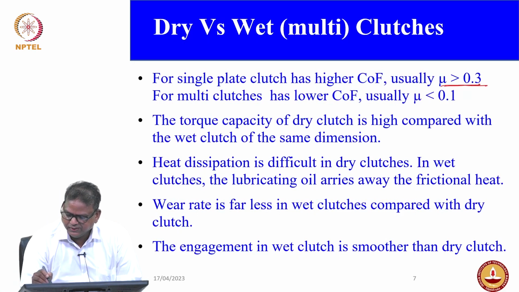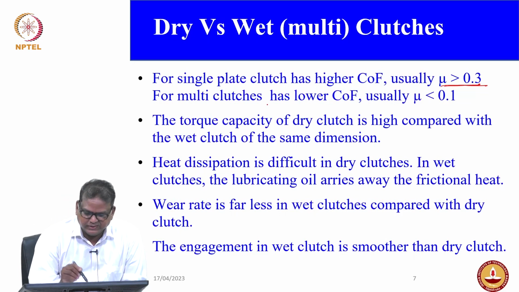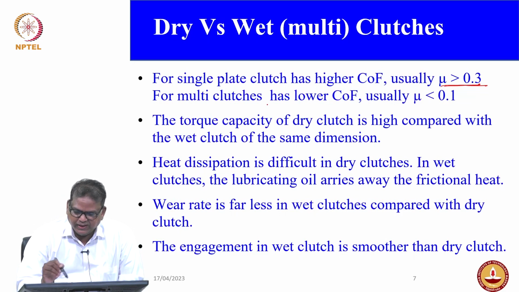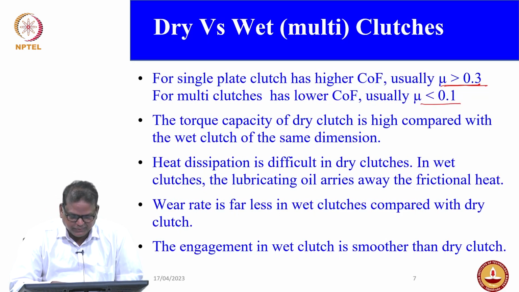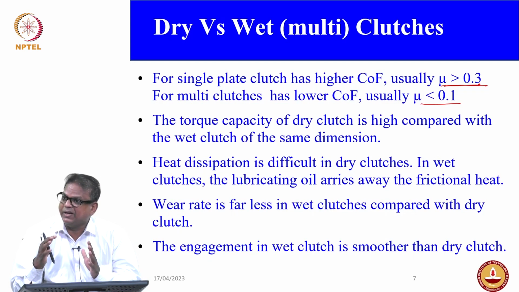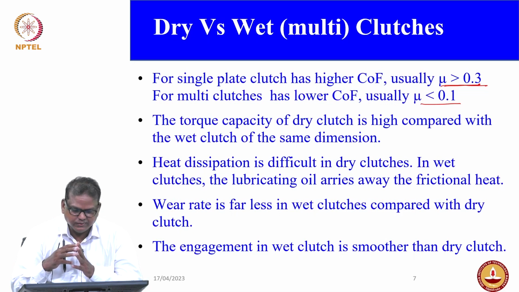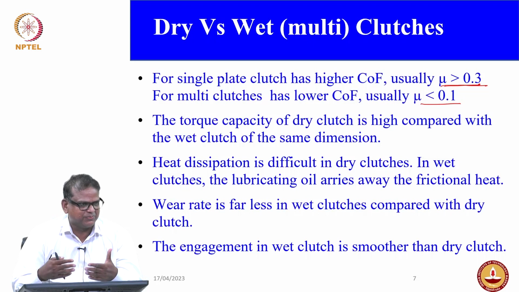However, the multi-disc clutch has less than 0.1 because it is lubricated. That is the difference, okay. The torque capacity of a dry clutch is high compared with a wet clutch of the same given dimensions. Obviously, the lubricant will reduce the friction.